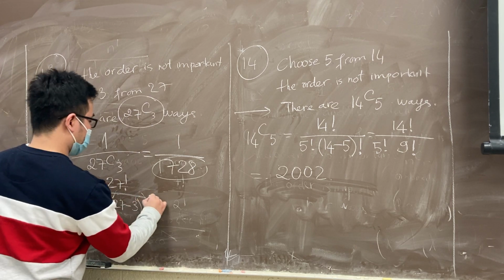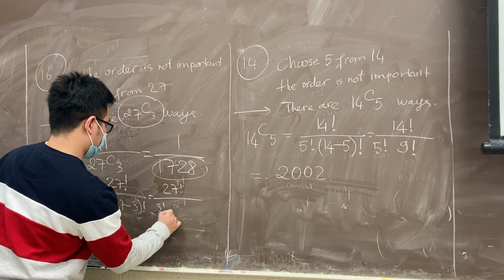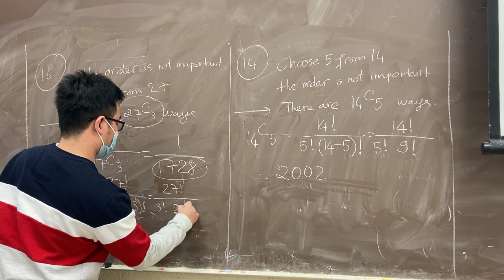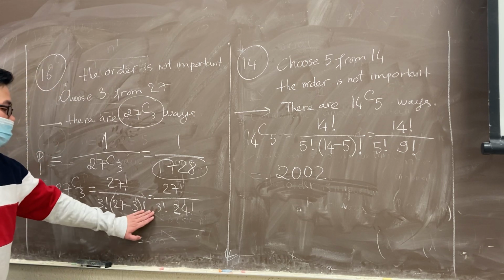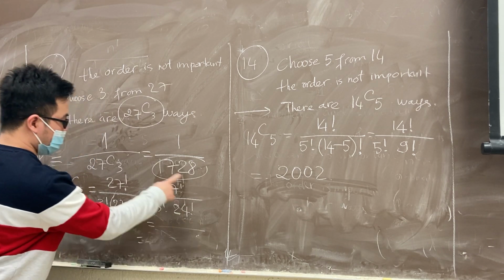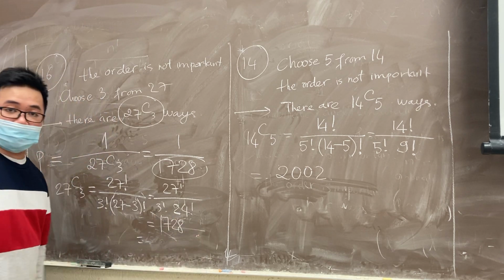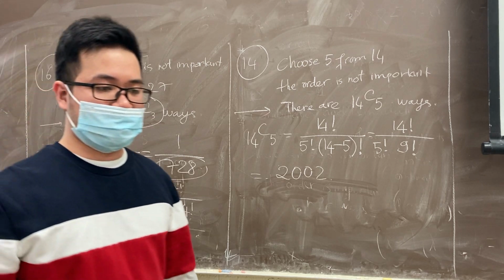After that you will get 24 factorial. Now you can use a calculator to calculate this number. When you use the calculator, it should be 1728. Use a calculator to calculate this.